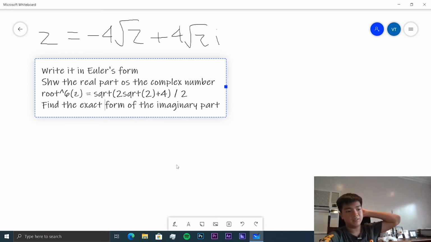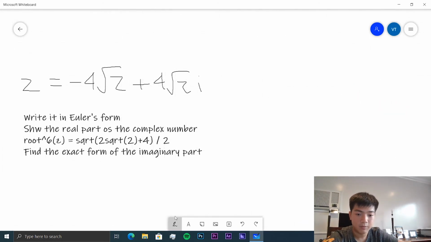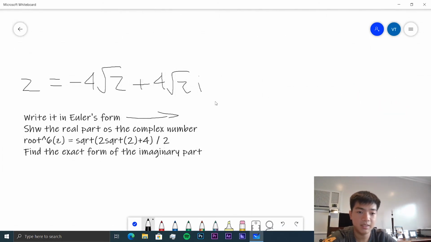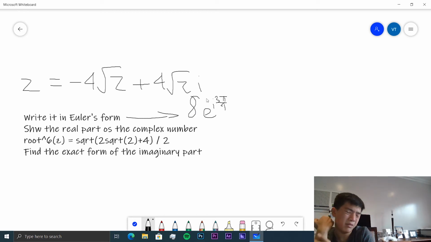So do we just assume that, okay, I guess. So how can we write this in Euler's form? Well, this is going to be e to the i. We have negative cosine, so this is going to be 3 pi over 4 times, is it 8? I think it's 8 e to the i 3 pi over 4, yeah.